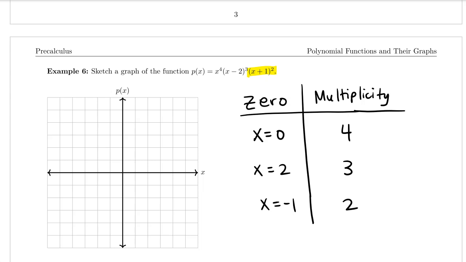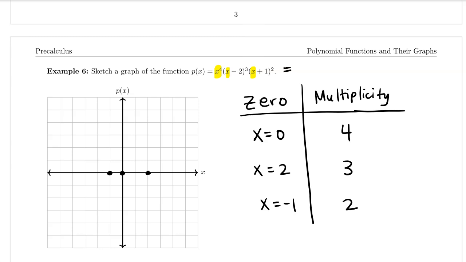So this is going to help me graph because I'm going to plot my x-intercepts, which are (0, 0), (2, 0), and (-1, 0). The other thing that I can try to figure out is the end behavior. So even though this is in factored form, if I were to expand this polynomial, I don't need to multiply everything out.